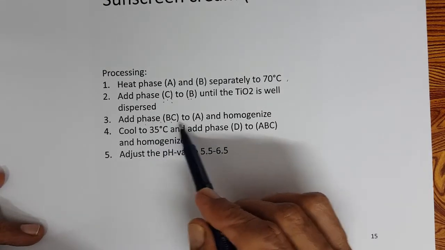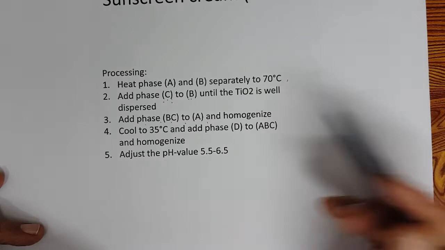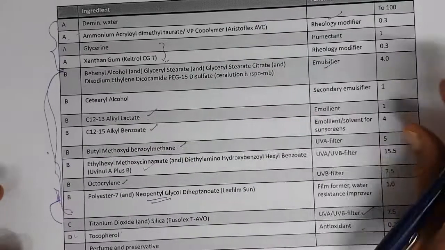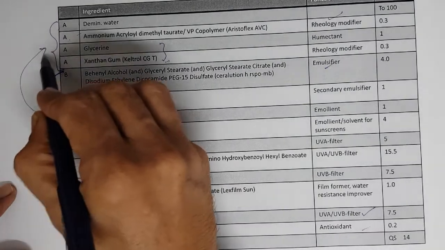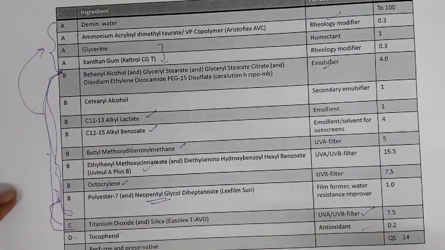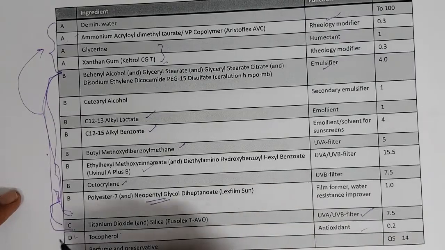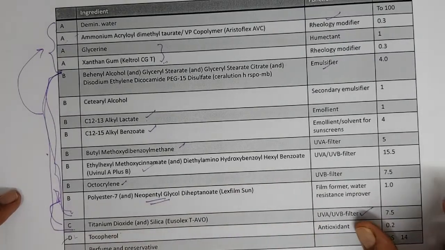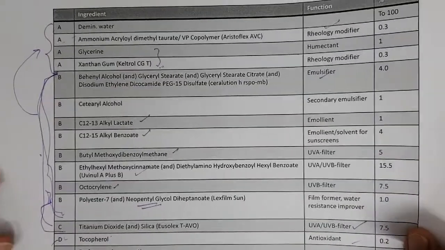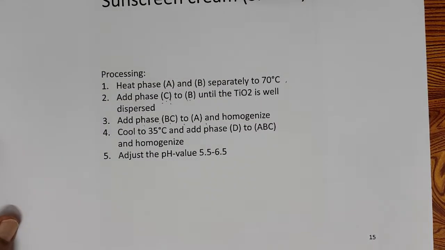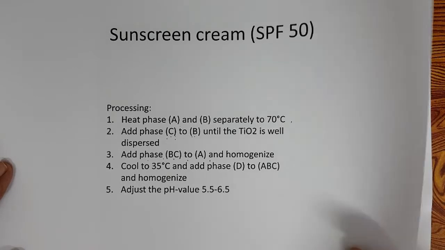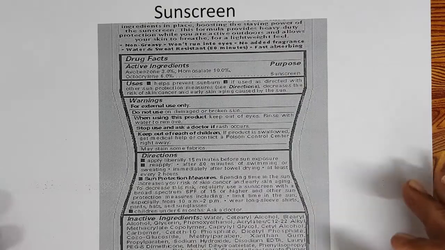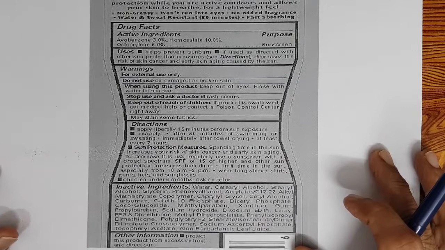Add phase BC to A and homogenize. So add phase BC to A, homogenize, cool, add D and perfume and preservatives, right? This is the method of preparation for your reference, right? This is one of the marketed products.